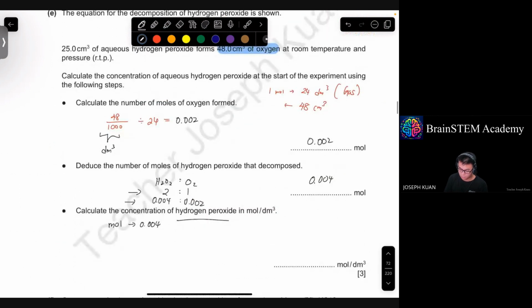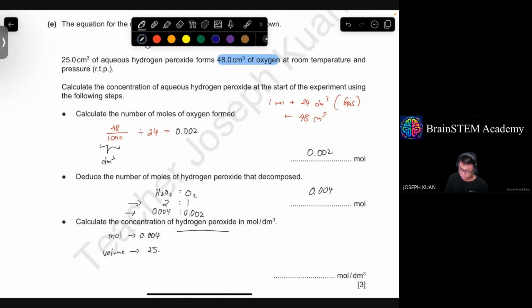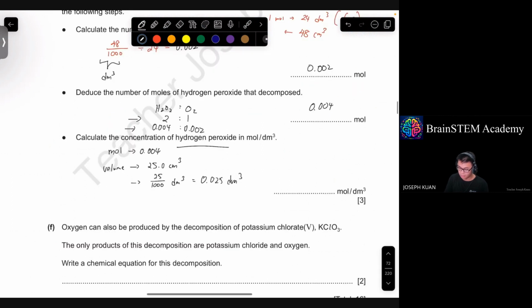We found out the volume of the hydrogen peroxide used is 25 cm³, which essentially is 0.025 dm³. We can use these two values to find out concentration. You just take 0.004 divided by 0.025, and that allows us to find the answer is 0.16.